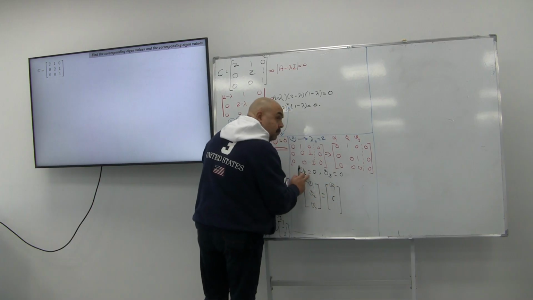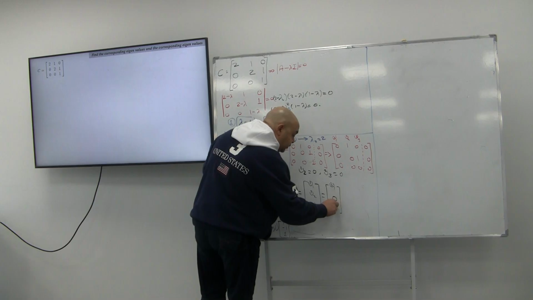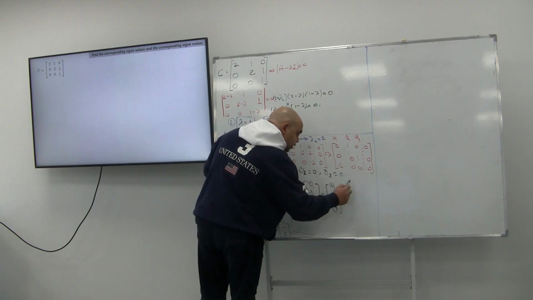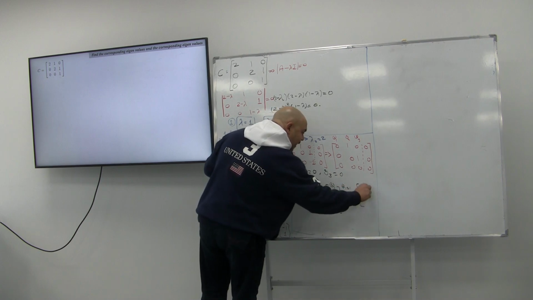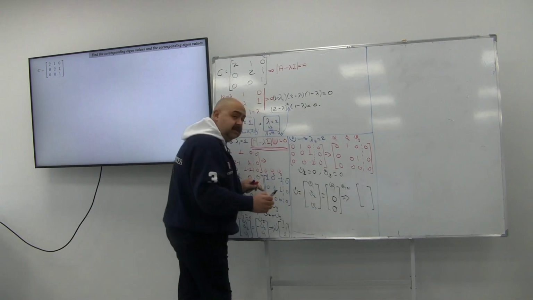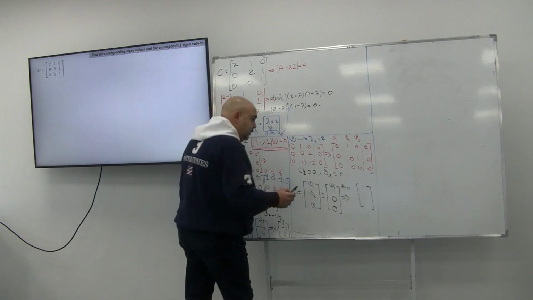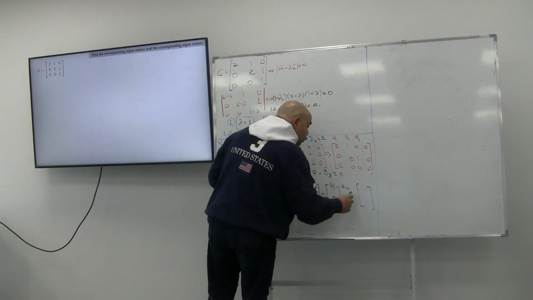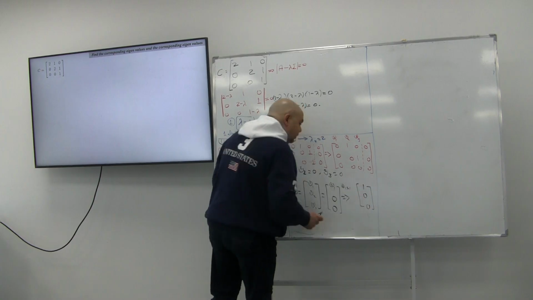The second component of this second vector is equal to 0, and the same for the third one. So if I consider u21 equal to positive 1, the basis for this eigenspace corresponding to 2 is 1 and double zeros.